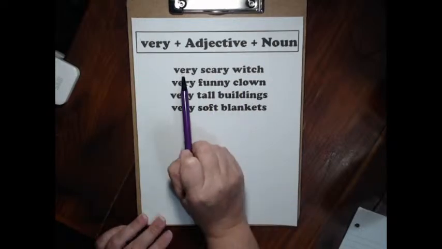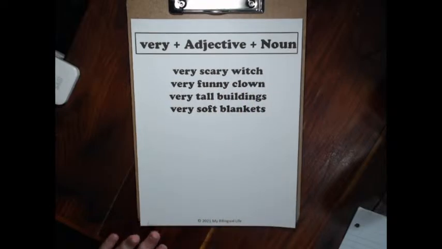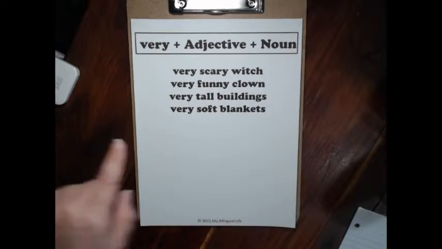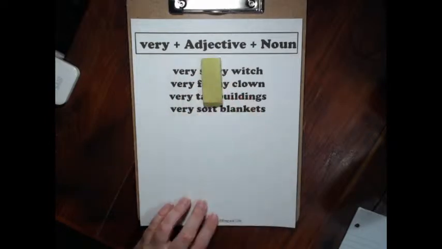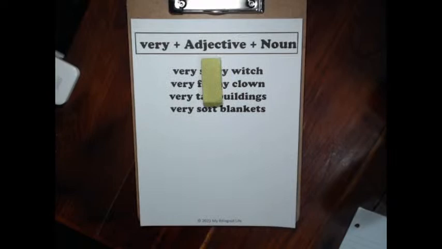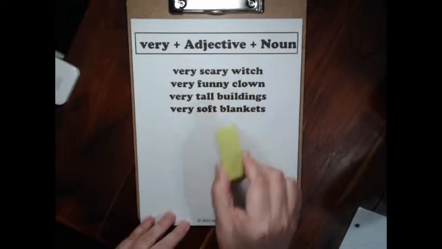Good. Very scary witch. Now, if you left out scary, you're a very witch, that doesn't work. You have to use very with another adjective. Very scary witch.